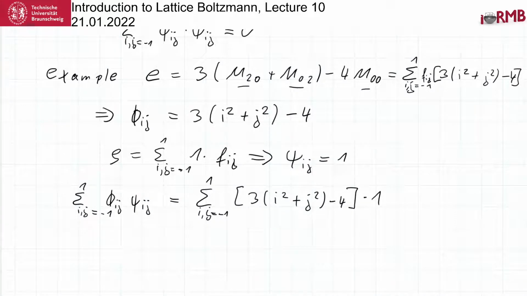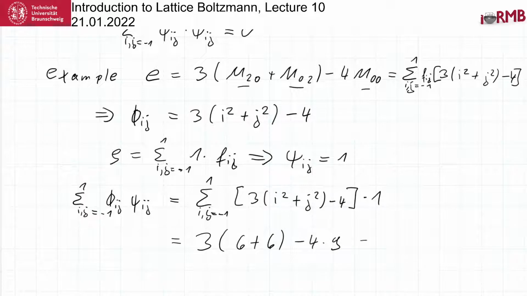And now we have to see how many times we have i and how many times we have j. We have these things 6 times. So what we end up with is 3 times 6 plus 6 minus 4 times 9.